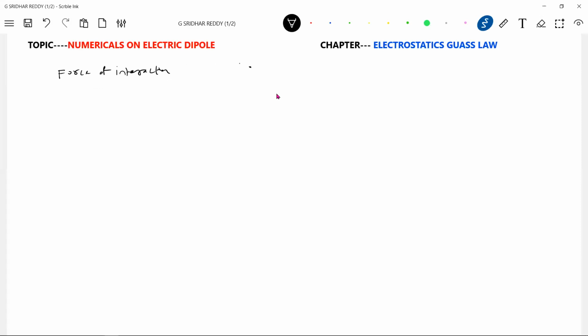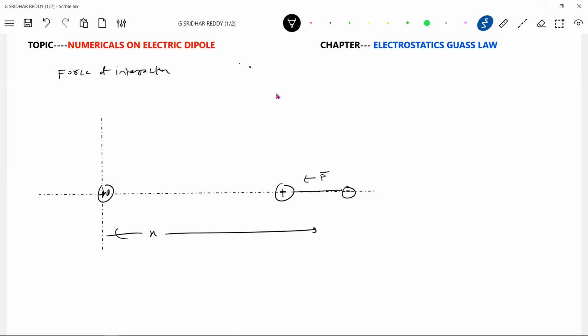So let me assume, I'll start with a simple case: let there be a point charge Q. And here I'm going to keep a dipole. Let the dipole moment of this be P bar. It is kept at a distance x. Usually the length of the dipole will be very much less than x. This is a condition.